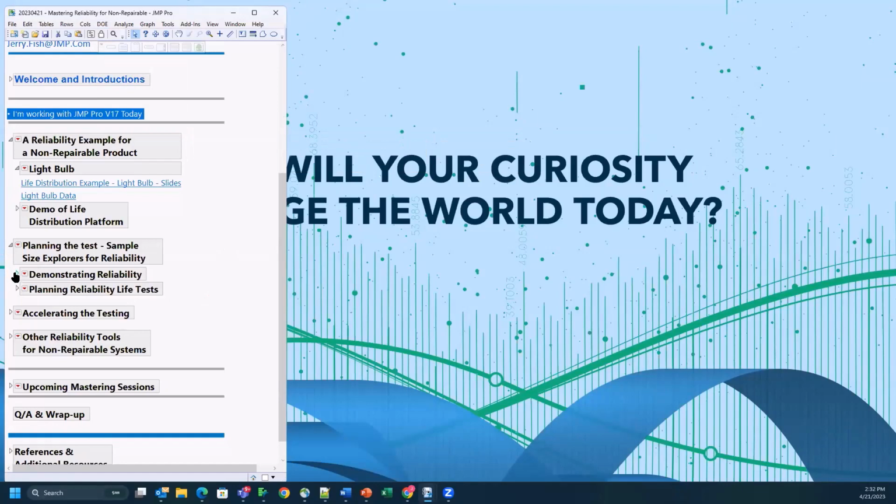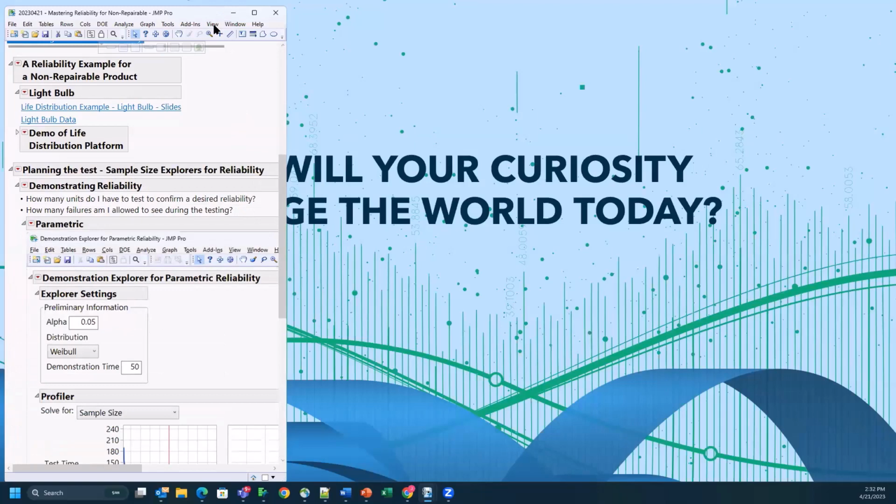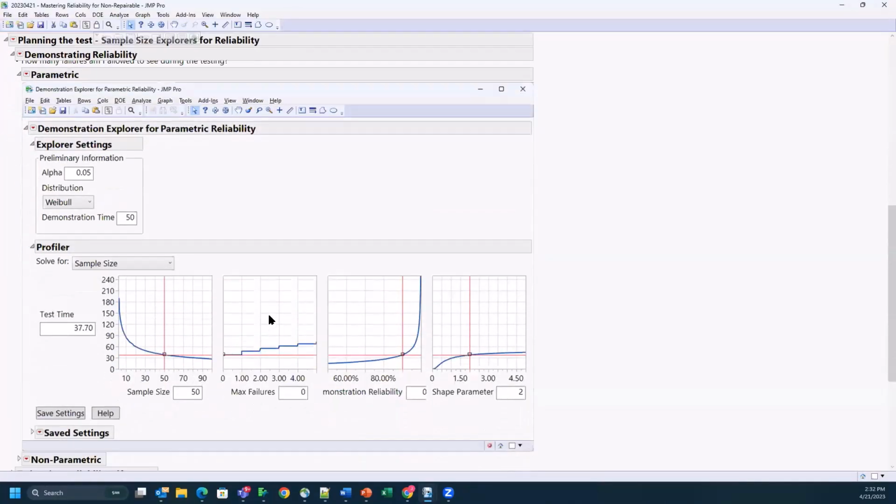This is what the parametric sample size explorer looks like. So we're saying we want to demonstrate, in this case, maybe this is 50,000 hours, something like that. How big does our sample size have to be? Showing 0 failures to demonstrate 90% reliability.